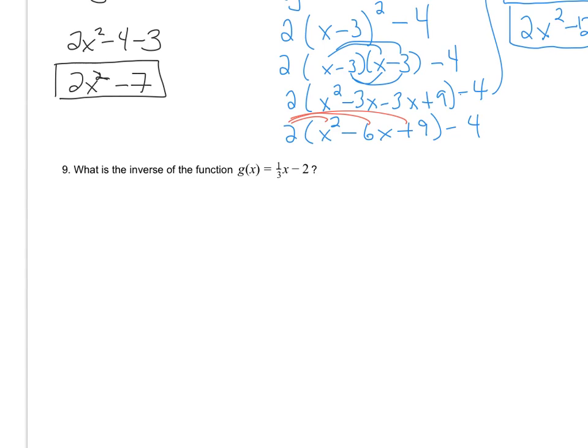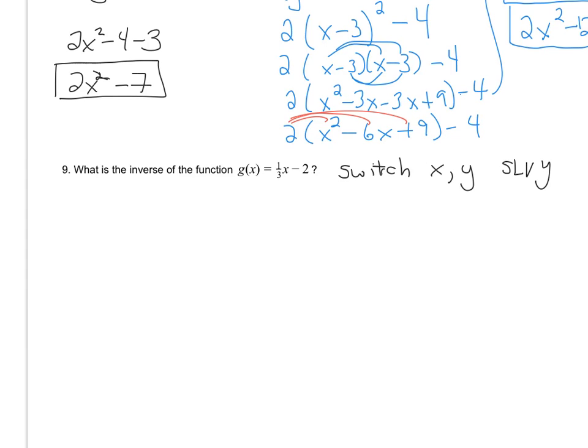Okay, number 9 says, what is the inverse function of g of x equals 1/3 x minus 2? Now the key for doing any kind of inverse function, if you recall, is we are going to switch x and y and solve for y.